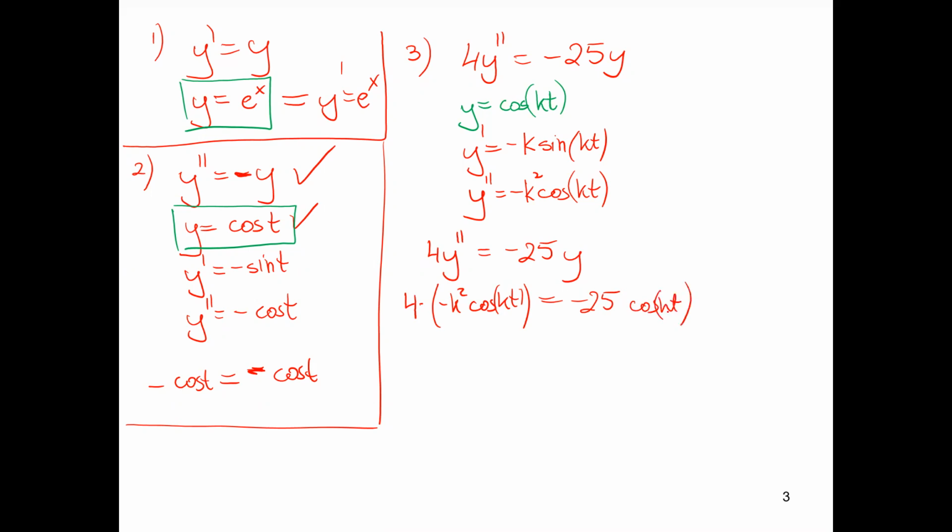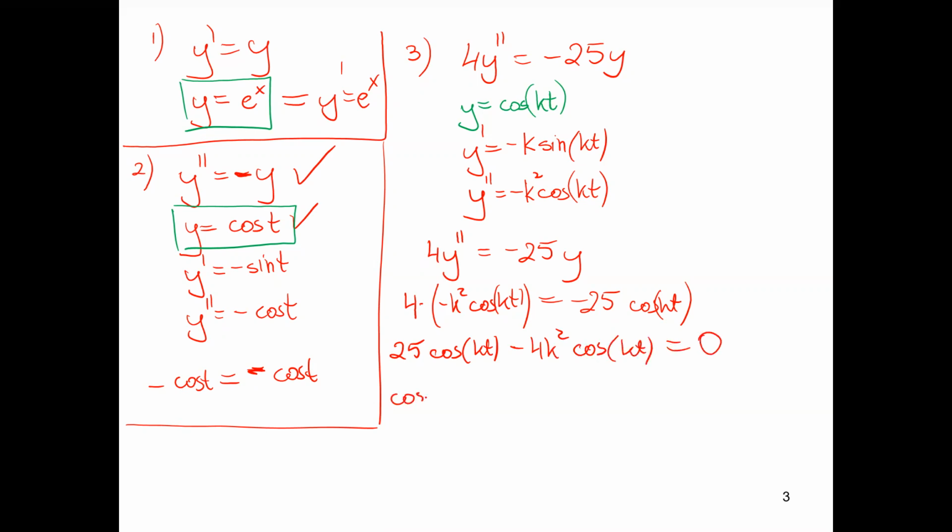Okay, now let's solve this equation for k. I will add 25 cosine of kt to both sides of the equation, and then we will have negative 4k squared cosine of kt equals 0.